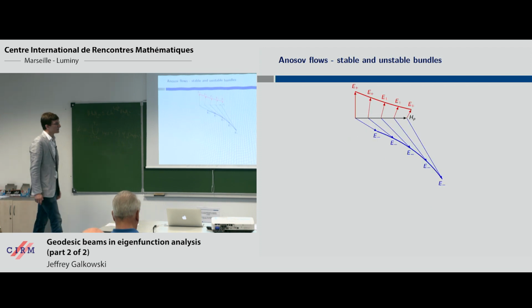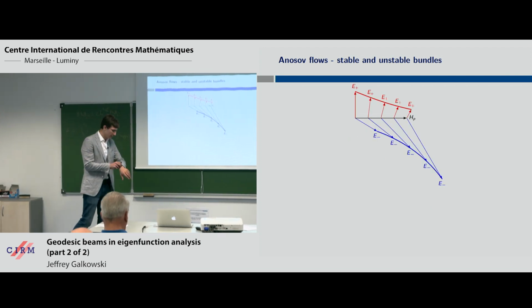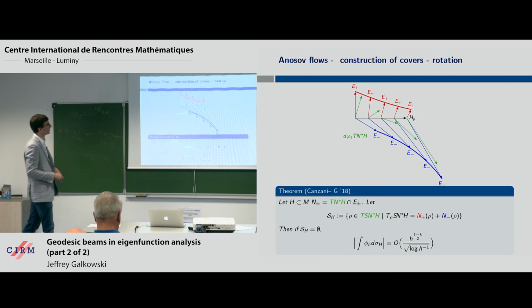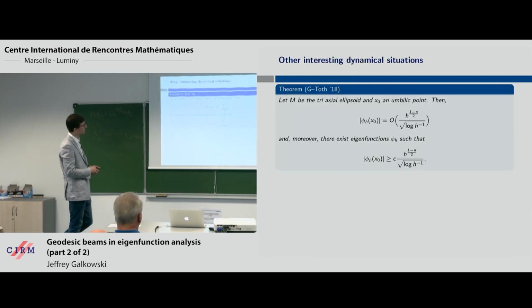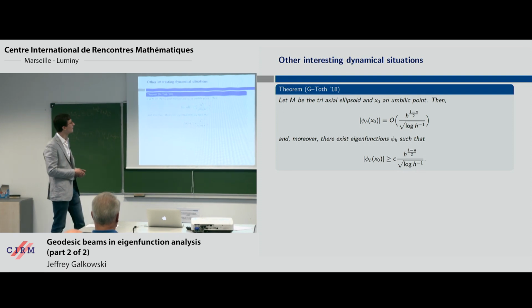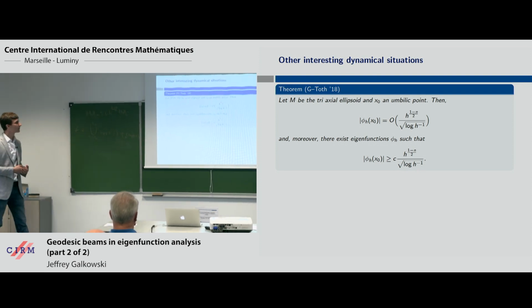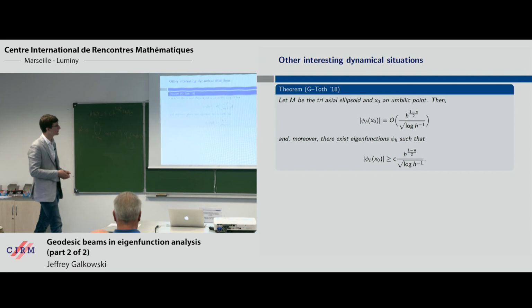Okay, and I want to just finish with a couple of other settings where you can do this, right? And so with John Toth, we sort of worked in the triaxial ellipsoid case.